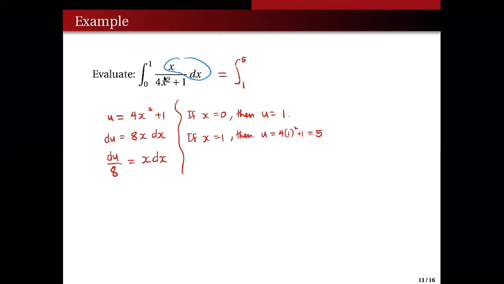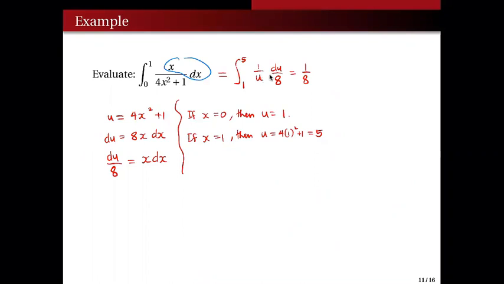And then you have 1 over 4x squared plus 1. That's your u. 1 over u, I mean. So you have here 1 over u, and then the x dx will be replaced by du over 8. So you have here du over 8. From here, we can bring out this 1 over 8.